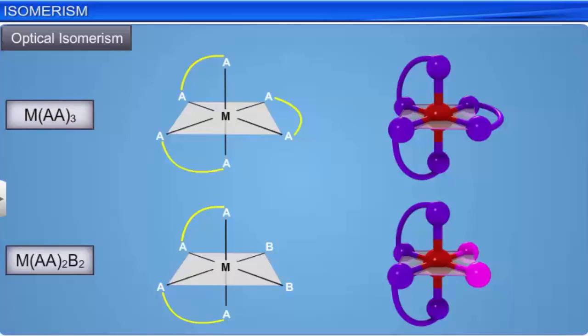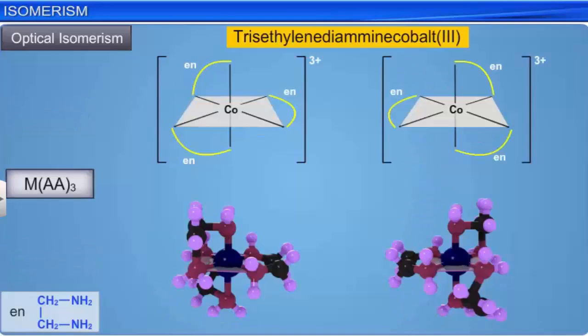Tris(ethylenediamine)cobalt(III) is the best example of an optically active coordination compound of the type MAA3, which has only bidentate ligands. The dextro and levo isomers of this complex are shown here.